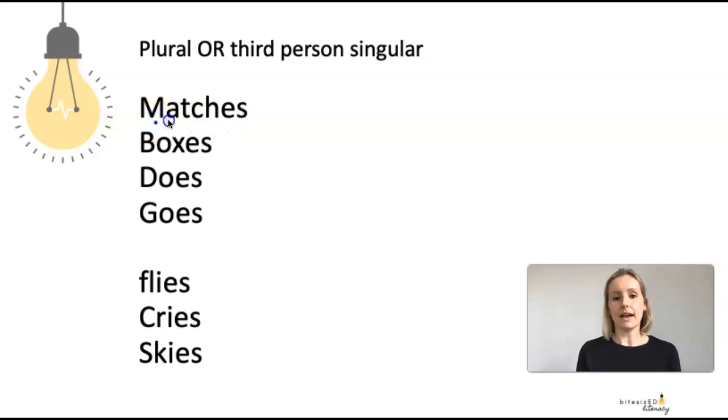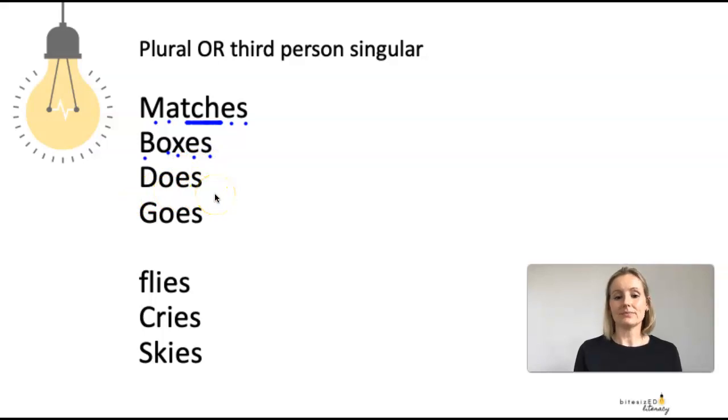It's m-a-t-ch, z. And what we need to teach children is to listen out when you hear that z at the end of a word. It's going to be es. Same with boxes. B-ox, z.